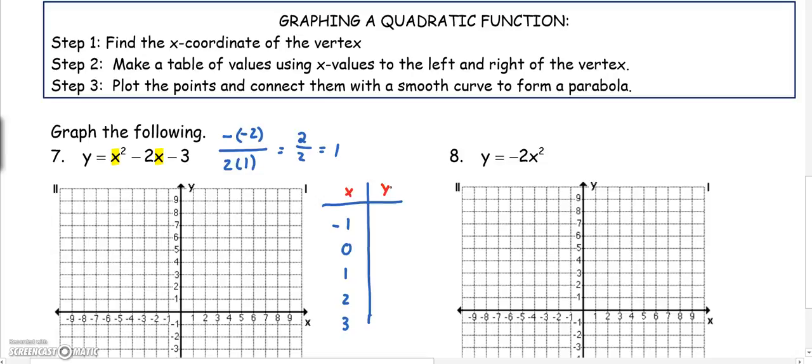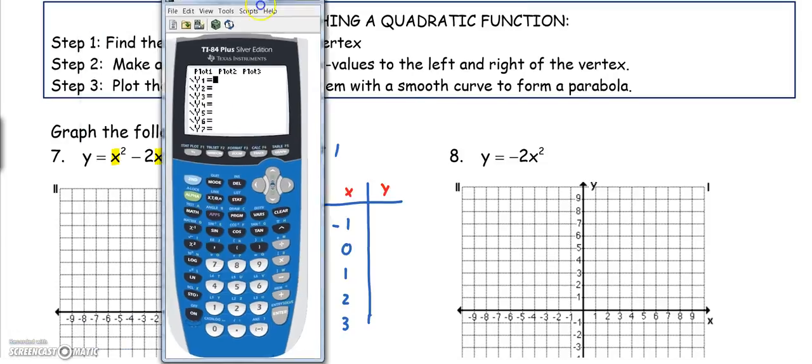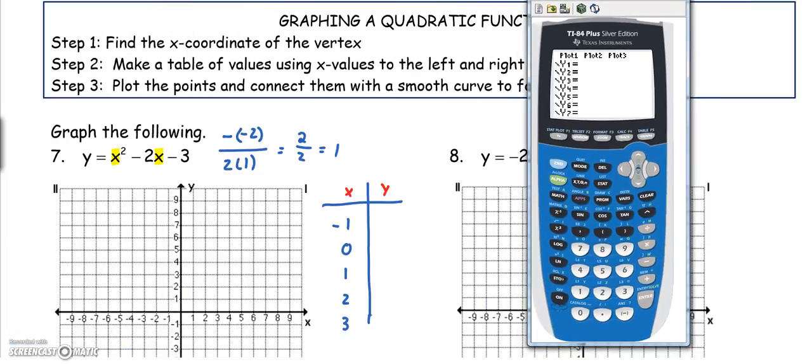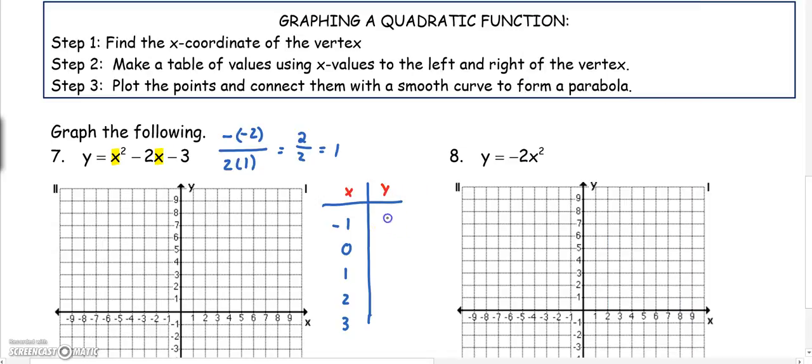This can also be done using a calculator. A quicker way would be x squared minus 2x minus 3. I can go to second table and I can get the values for my x's. So I would move this up so I could see them all. So I would have negative 1 is 0, 0 is negative 3, 1 is negative 4.